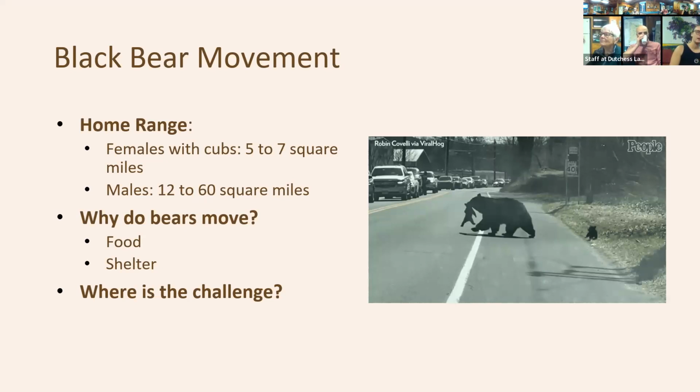And what they find is particularly female bears with their cubs exhibit a stress response near busy roads, and that they will choose to avoid the road and wait to cross the road until it's a quieter time of day. So usually, late at night when there's a lot fewer cars on the road.